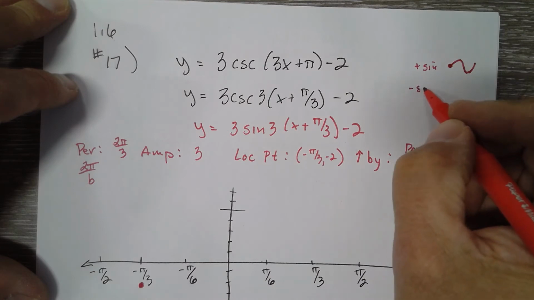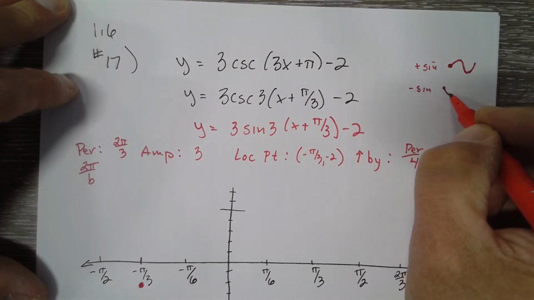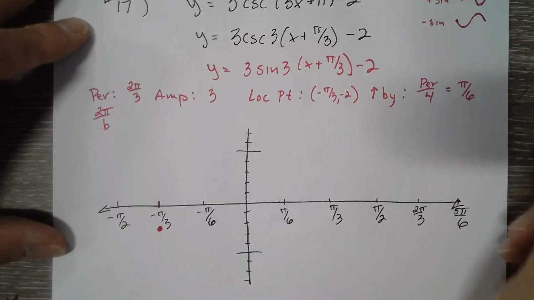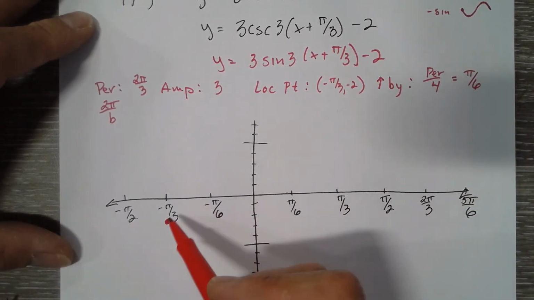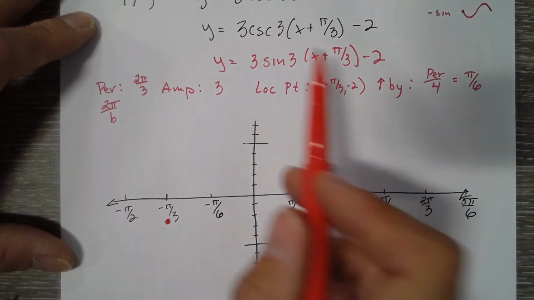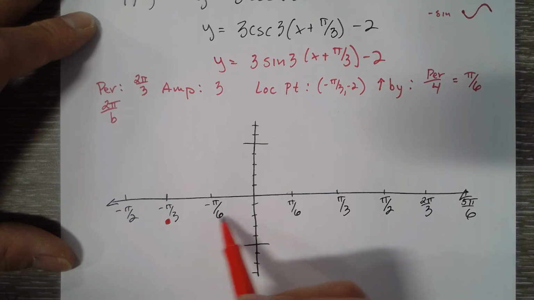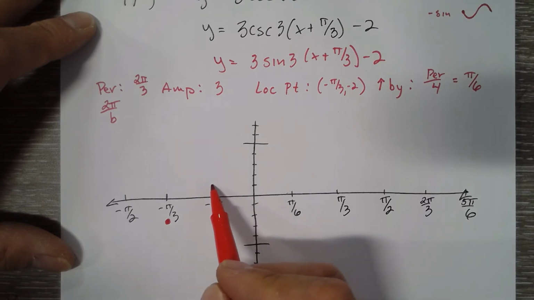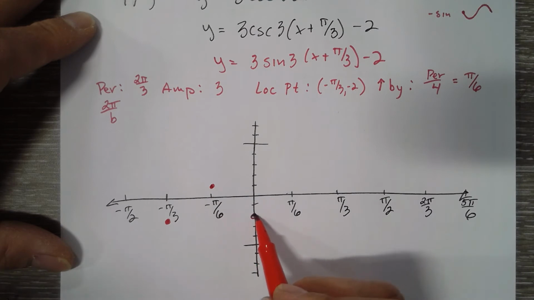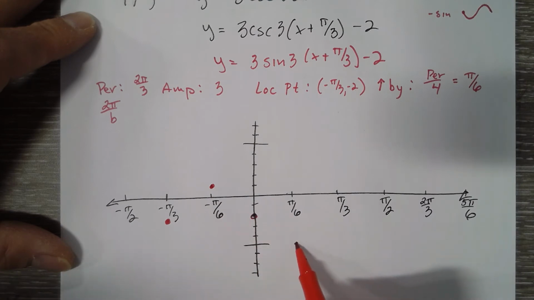A negative sine starts down and ends up at the midline right there. So this one's a positive, so it's going to start at a locator and go up. The amplitude is 3, so the next time it'll be up 3, 1, 2, 3, going up by pi over 6. 1, 2, 3.